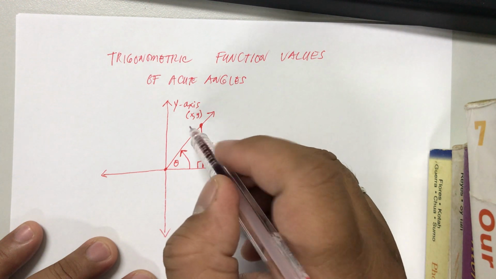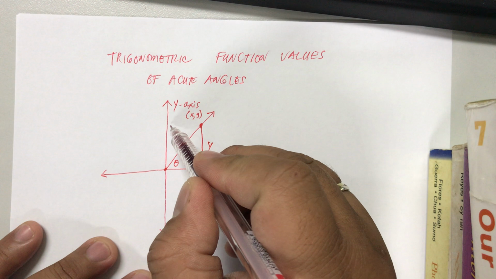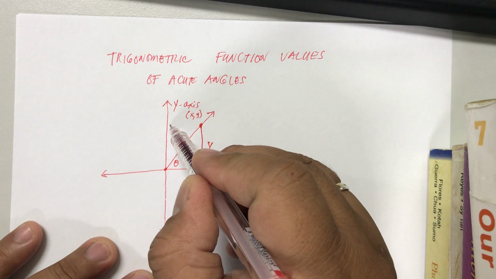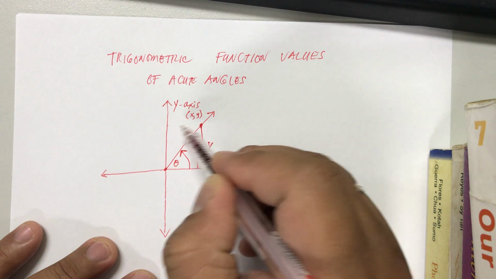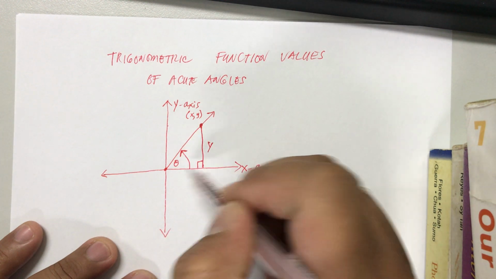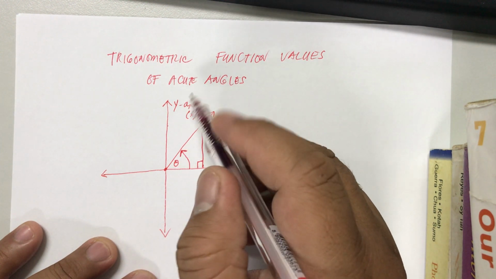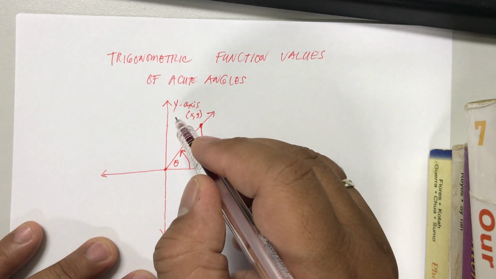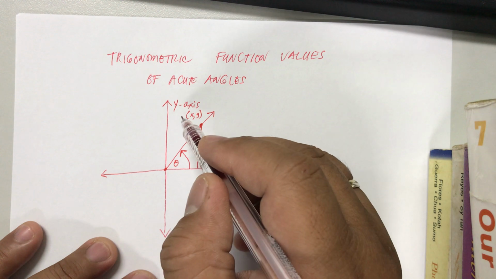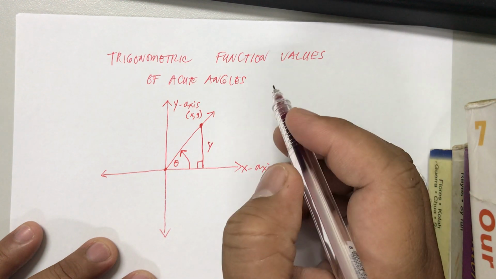Since this side is parallel to the y-axis, it must be denoted by the variable y. If you draw another line segment from this point up to this point, you will have a parallelogram. And take note that in a parallelogram, opposite sides are not only parallel, but at the same time they are congruent.